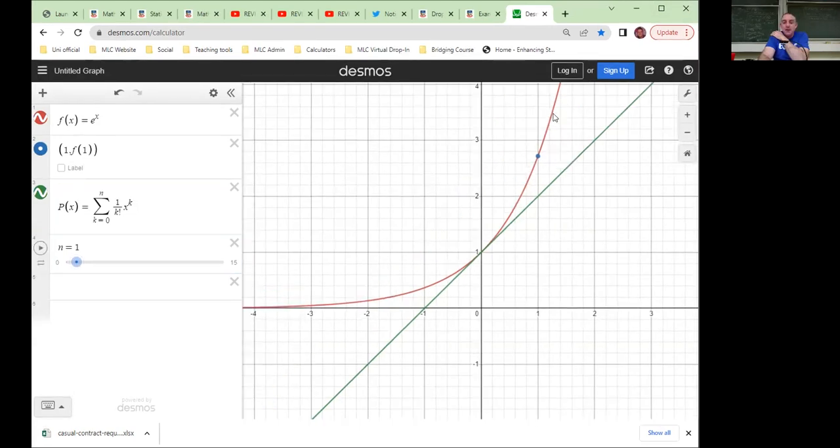So the red line here, I should really make the green one. Let's just make it a dotted line so that I can tell it from the red line. So this red line is e to the power of x, and this green line is the Maclaurin polynomial. The Maclaurin polynomial matches your function at the point where x is 0. And so this is what I would have gotten if I had just put in 1 plus x.